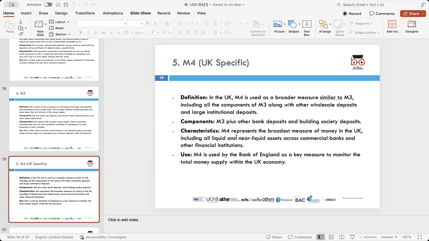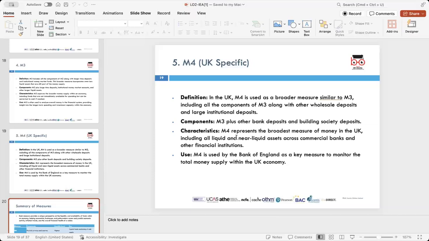Characteristics: M4 represents the broader measure of money in the UK, including all liquid and near liquid assets across commercial banks and other financial institutions. Use: M4 is used by the Bank of England as a key measure to monitor the total money supply within the UK economy.